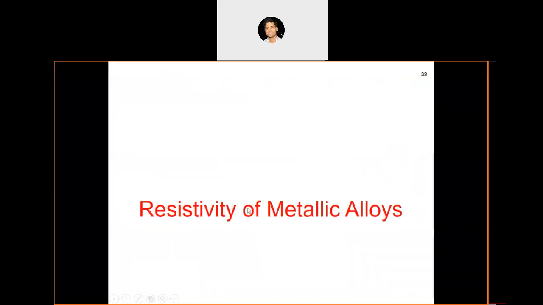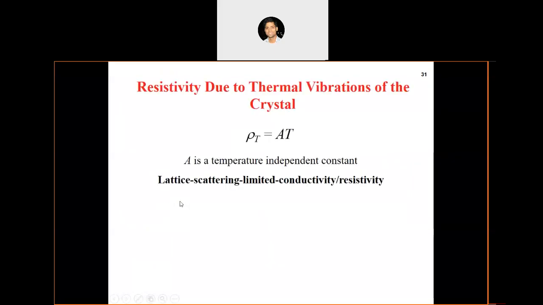All right. If we don't have any questions from whatever we have discussed so far, the conclusion we have drawn is that there is a component of resistivity known as lattice scattering limited conductivity or resistivity, and that comes out to be directly proportional to temperature, when we assume that kinetic molecular theory is valid for the atoms and the velocity of the electron is constant between the collisions.